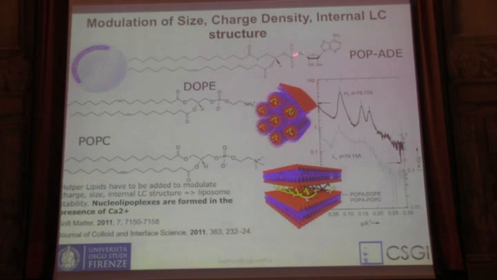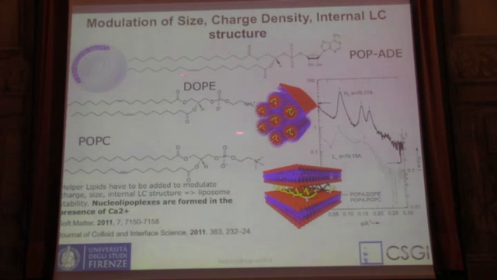So the best thing is to dilute the adenosine, and you can dilute using different phospholipids. In this case we use DOPE, which is quite a common phospholipid used in formulations, or POPC. These are different surfactants.